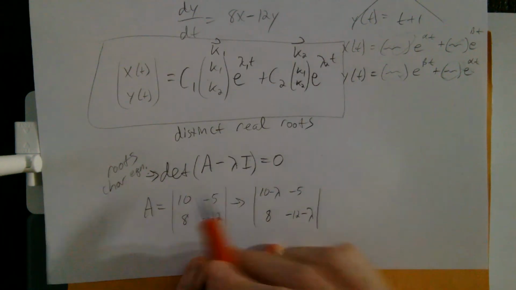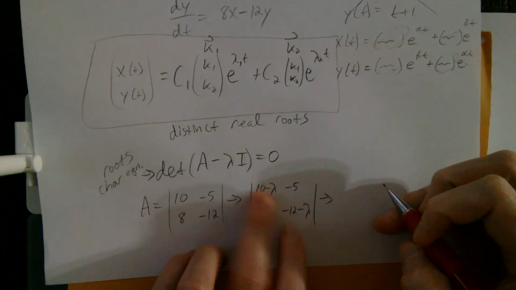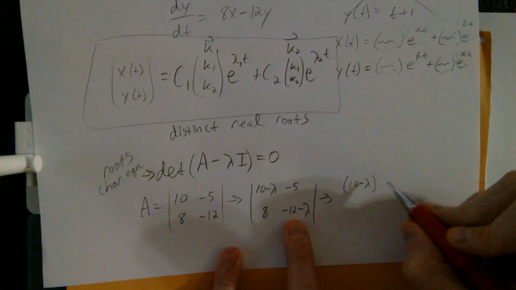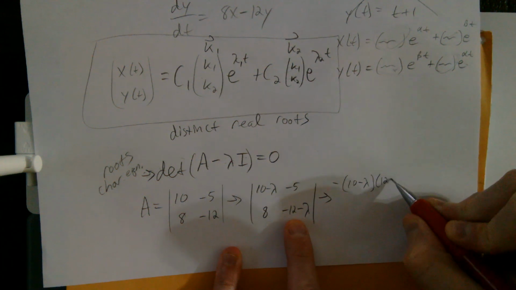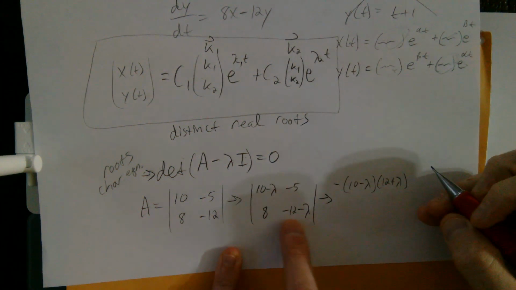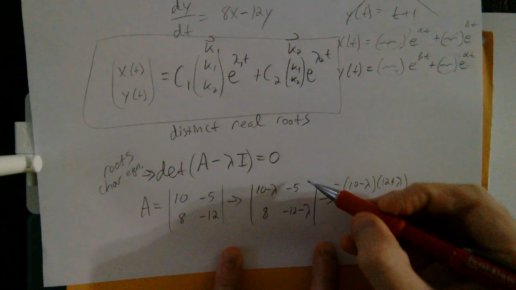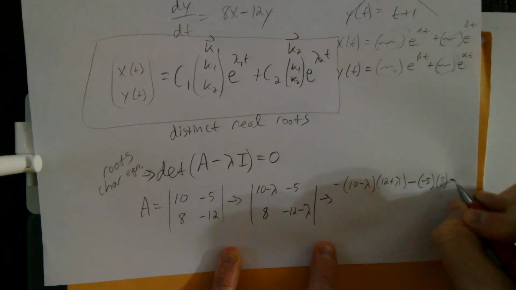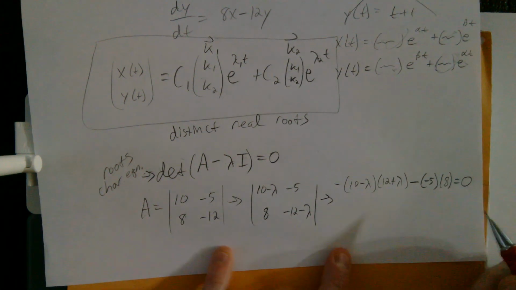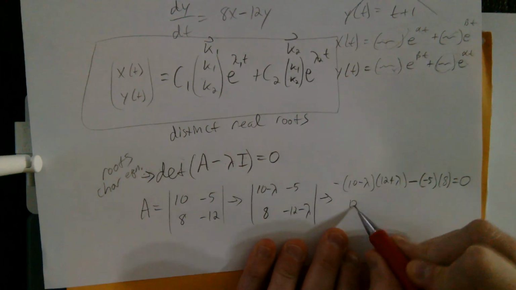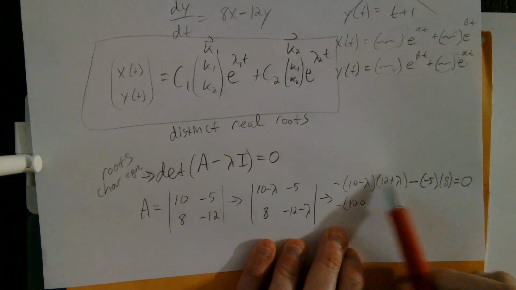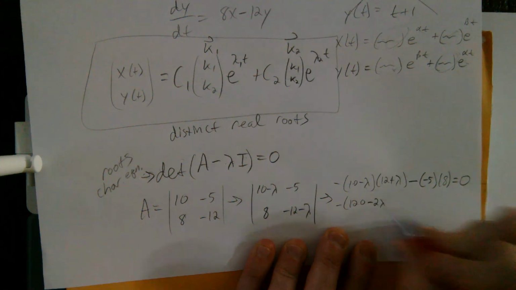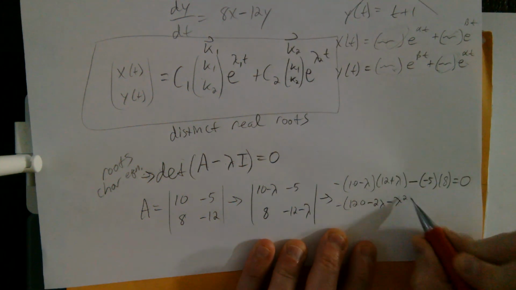Find the determinant of this. That's 10 minus lambda times this. I'm actually going to make that 12 plus lambda with a negative in front, factoring out the negative sign, minus this diagonal, minus a negative 5 times 8, set equal to 0. Let's solve this equation. We get negative 120, plus 10 lambda minus 12 lambda, which is minus 2 lambda, minus lambda squared.